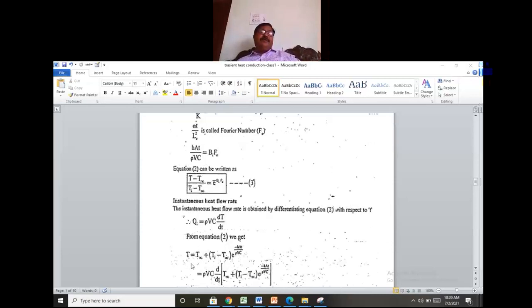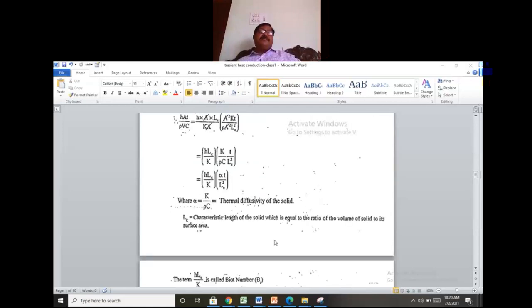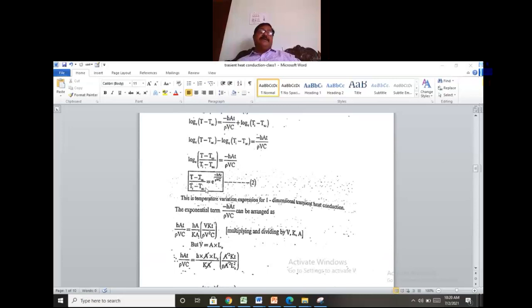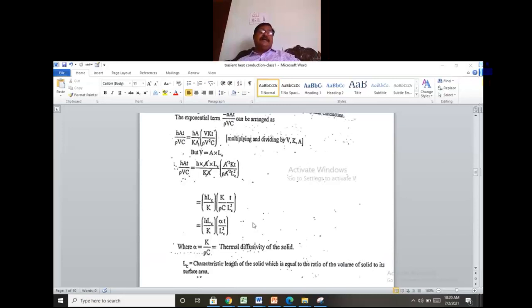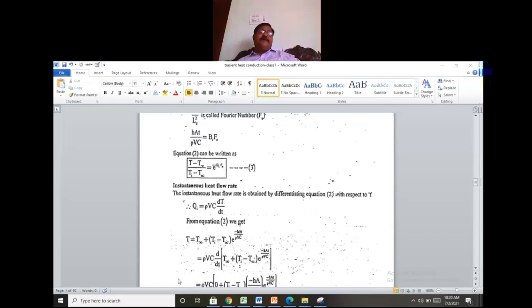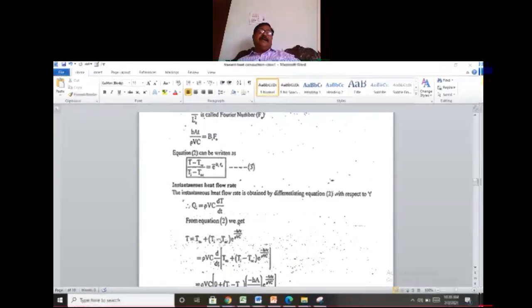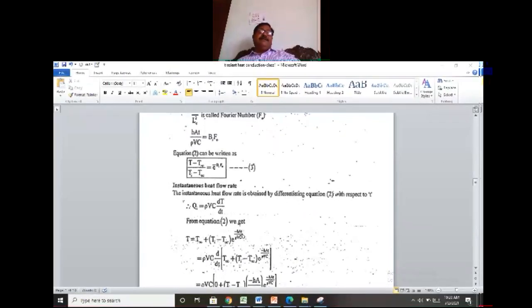From equation 2, we get T minus T infinity. Rearranging this, you will get T is equal to T infinity plus (Ti minus T infinity) e to the power of minus hAt divided by rho Vc.